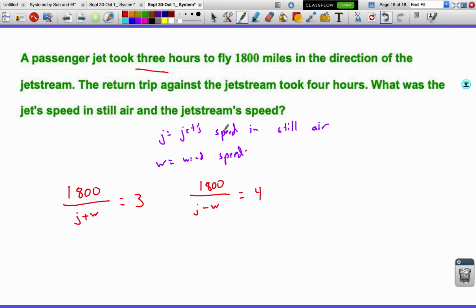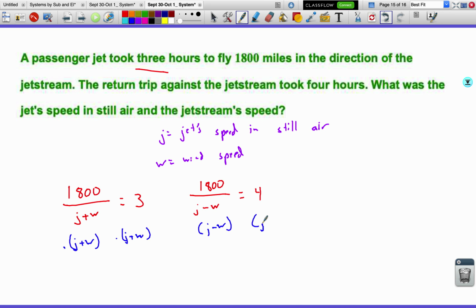All right, here's my two equations, but they're kind of difficult to work with. What I want to do is simplify by multiplying this side by J plus W and this side by J plus W. And over in this one, I'm going to multiply both sides by J minus W. This should help me get rid of all of my fractions.